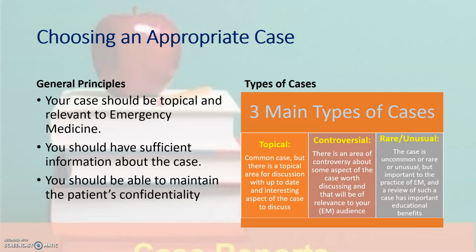Controversial cases are cases in which there is an area of controversy about some aspect of the case that is worth discussing and that will be relevant to your audience in emergency medicine. And then finally, there are rare and unusual cases, something that isn't seen very often, but is important to the practice of emergency medicine and is worth discussing on an educational basis.